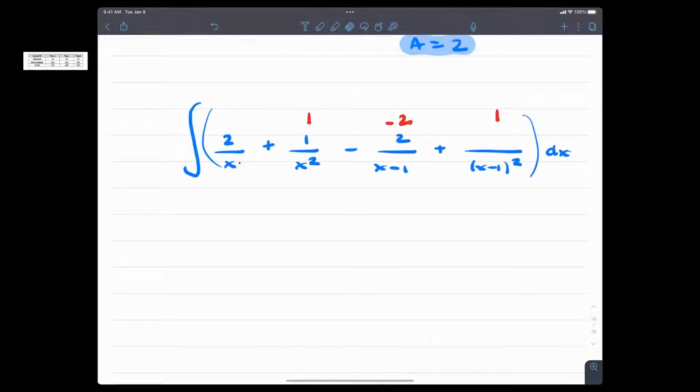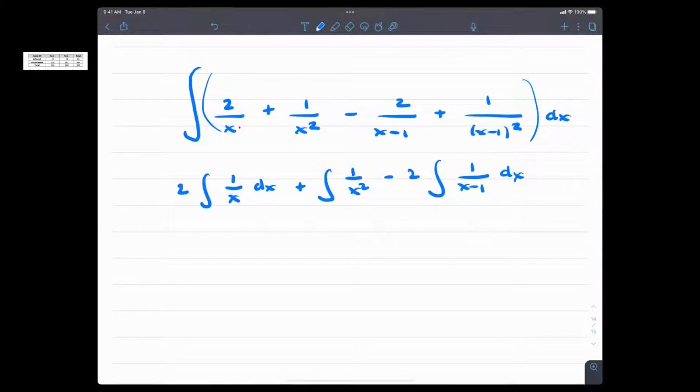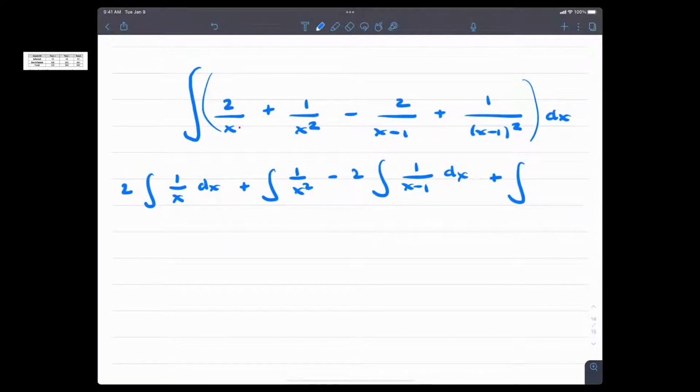Which gives you, by the way, if I use properties of integrals, the integral of 1 over x dx plus the integral of 1 over x squared, minus 2 times the integral of 1 over x minus 1, plus the integral of 1 over x minus 1 squared dx.